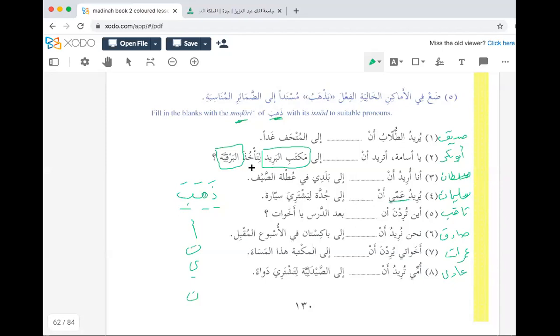Yeah, but I don't know why you're saying yadribu. Are you looking for a fight? Yadribu is to strike or to hit. Maybe in the middle of a training session or something. But the question says use dhahaba in its mudari' form.